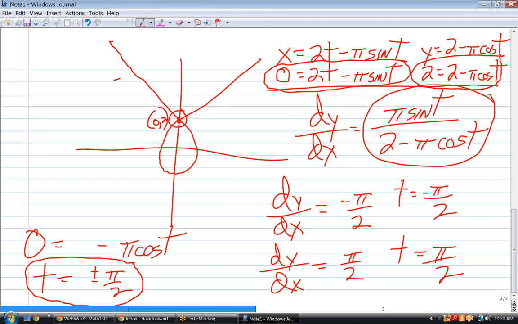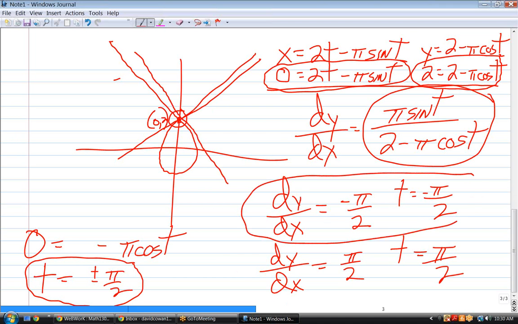So the two slopes of our tangent lines are pi over 2 and minus pi over 2. In other words, because of this, if I solve dy dx at the two critical points, which are plus and minus pi over 2, so if I substitute plus pi over 2 into this derivative here, in other words, I'm evaluating it at a certain t value.